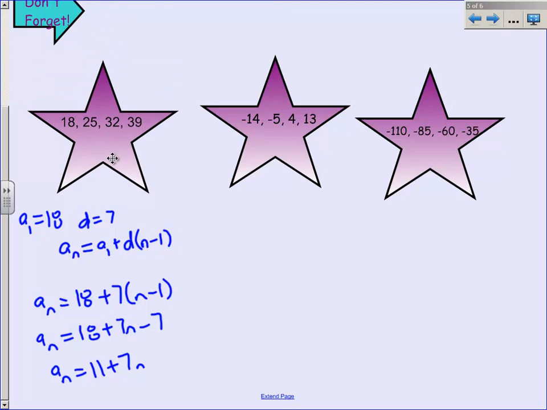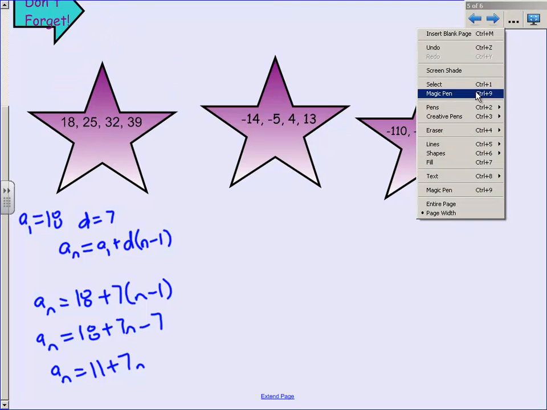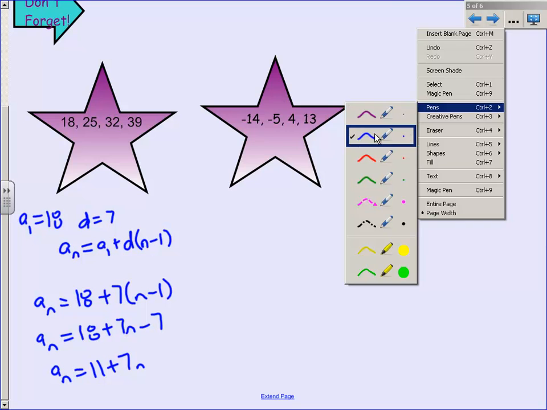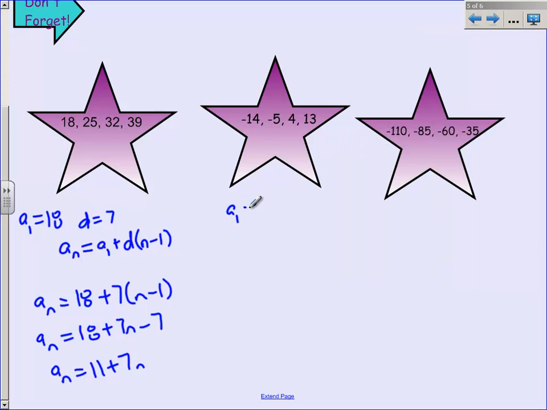So let's do that again. First thing we want to do is find our a sub 1. So a sub 1 here is negative 14. Our common difference, what are we adding each time? Well, we're adding 9 each time. So the a sub n would be a sub 1 plus the common difference times n minus 1.